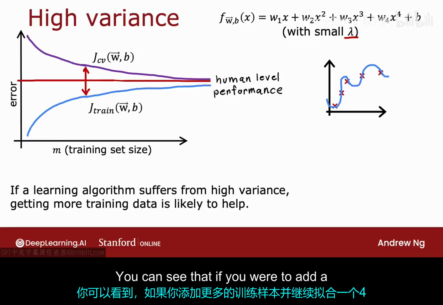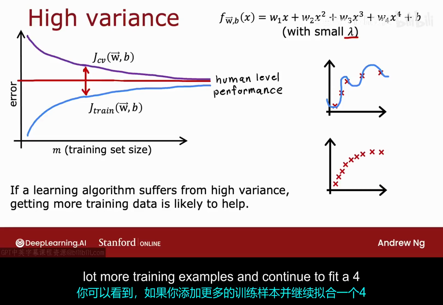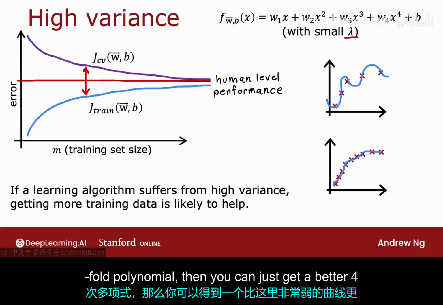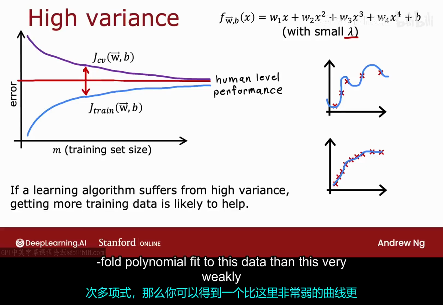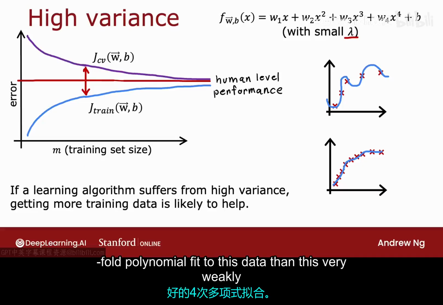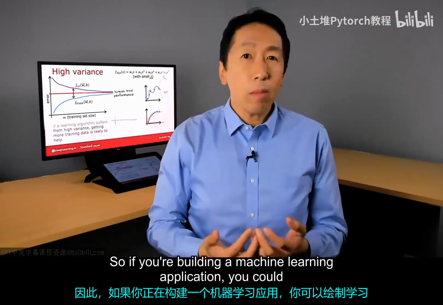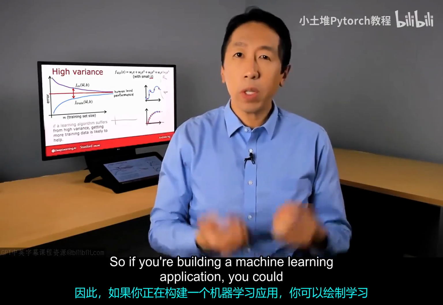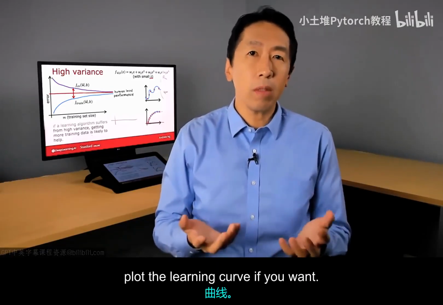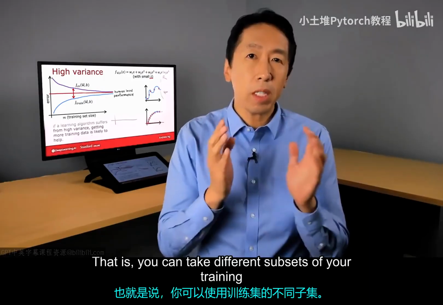You can see that if you were to add a lot more training examples and continue to fit a fourth order polynomial, then you can get a better fourth order polynomial fit to this data than this very wiggly curve up on top. So if you're building a machine learning application, you could plot the learning curve if you want. That is, you can take different subsets of your training sets.